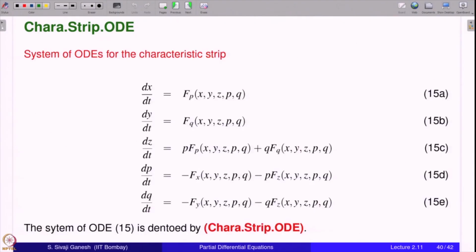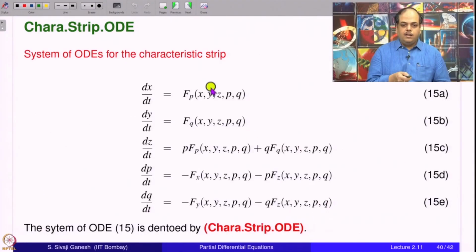So, this is the system where the first 3 we have obtained or we have proposed using characteristic direction. We realize that p q also depend on x t y t z t, and we said we have to find equation for p t q t, and we have appended Cara ODE with these 2 equations. Now, it is called Cara strip ODE, equations for the characteristic strip.